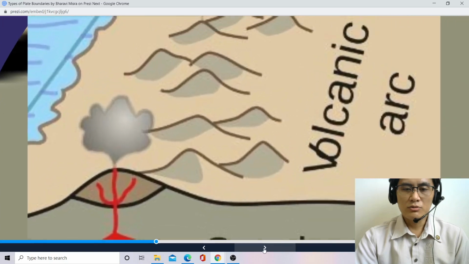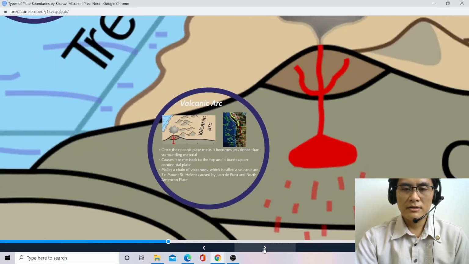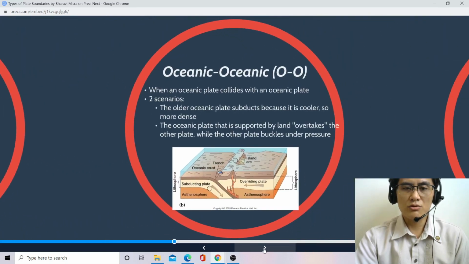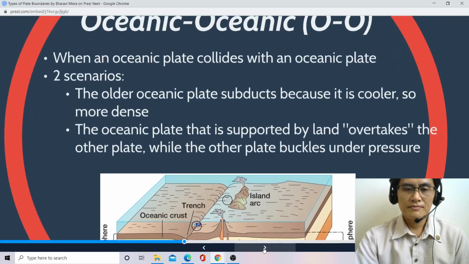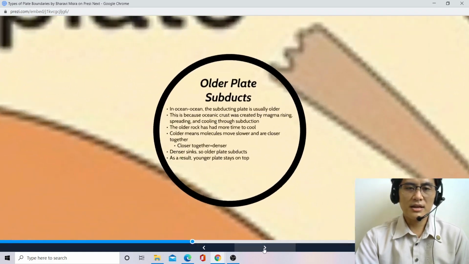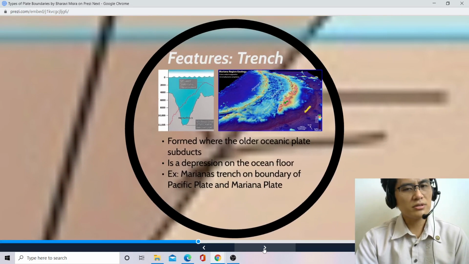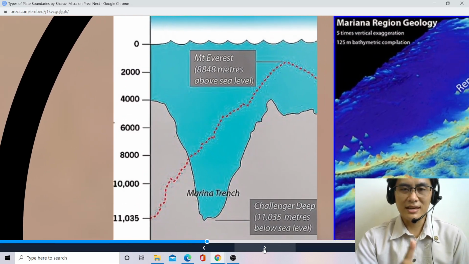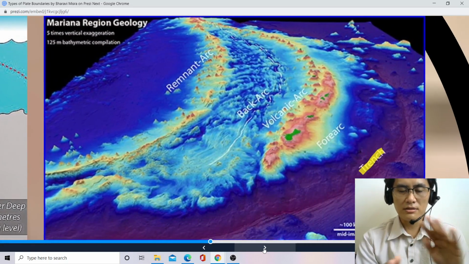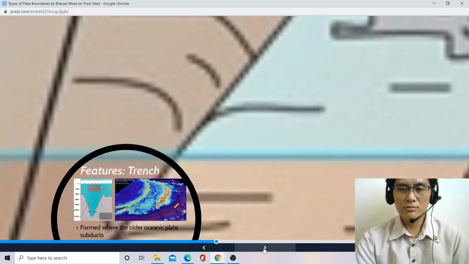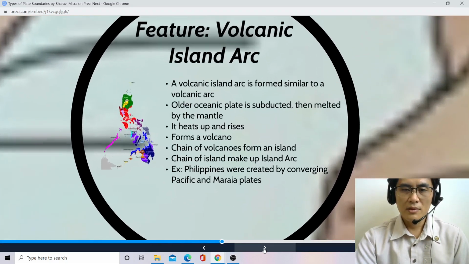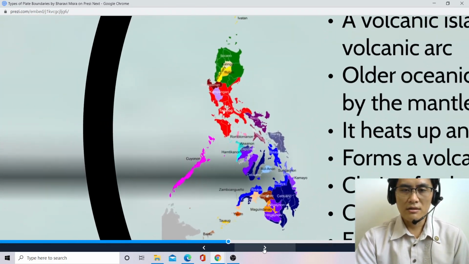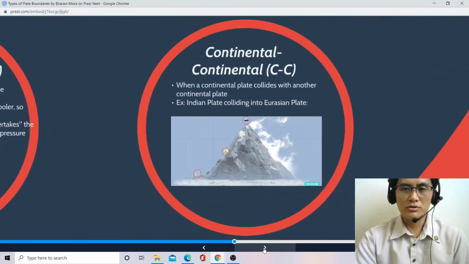But let's just move forward, and you can have the second type, which is oceanic versus oceanic. Spoiler alert, this is how the Philippines, or most of the Philippines, was created. But again, the processes about plate boundaries will be discussed in Module 3. So hold your thought to that when we reach that module.